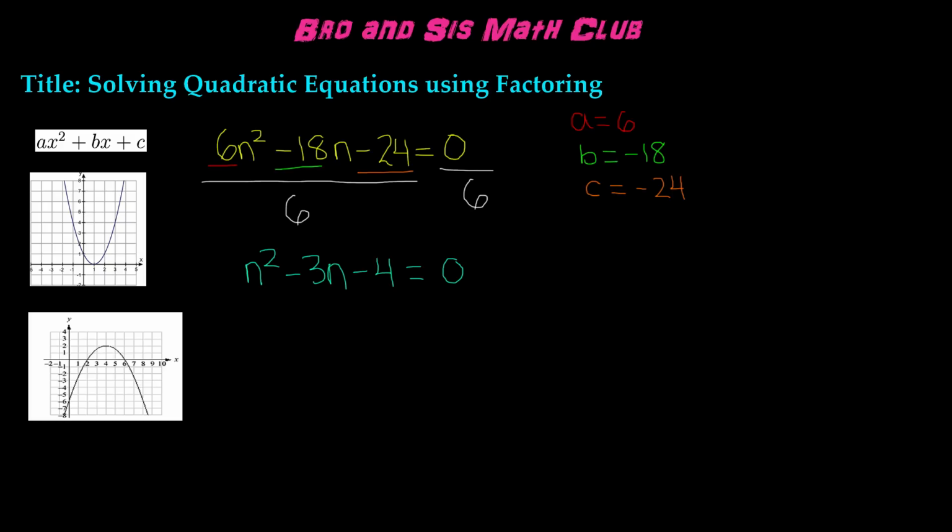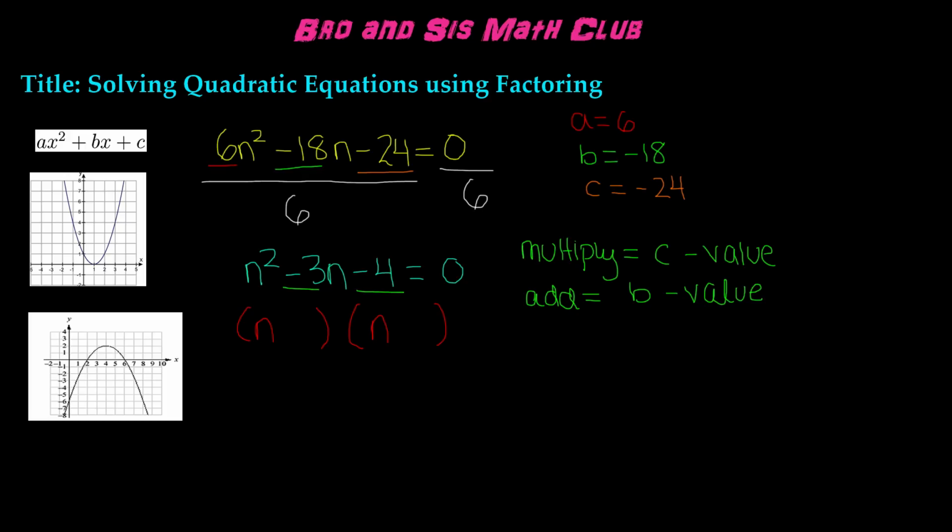We know that we will have both of them as n plus or minus something and then n plus or minus something. Now, as you can see, if you look at the signs, we have a negative 3 and then we have a negative 4. In order to find those two numbers, we have to find them so that when you multiply the two numbers, you get the c value, and when you add them, you get the b value.